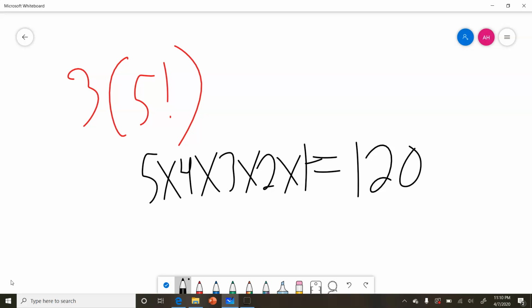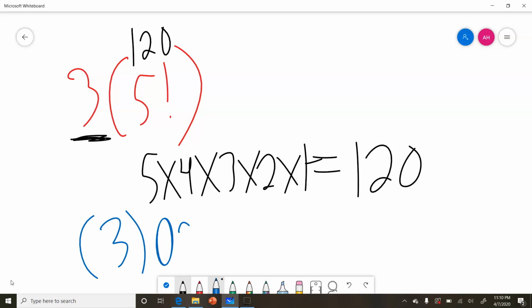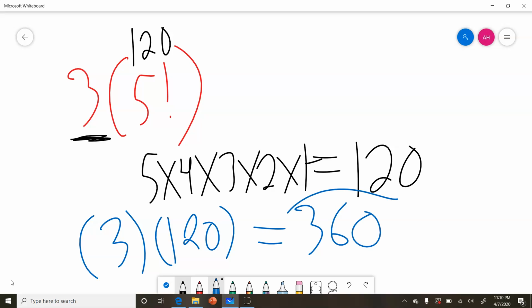Now I replace that 5 factorial with 120, but this 3 doesn't have a factorial. So I just do 3 times 120. When I do that in the calculator, I get a solid 360. So the answer to this overall problem is 360.